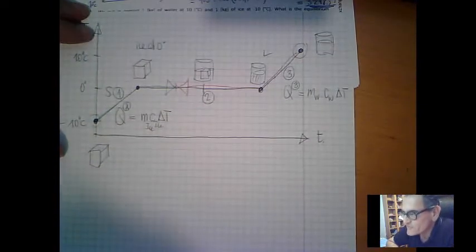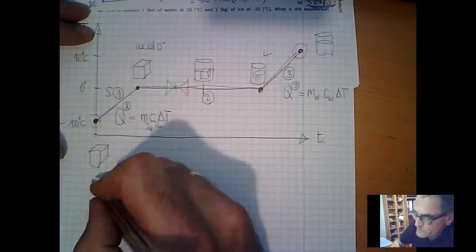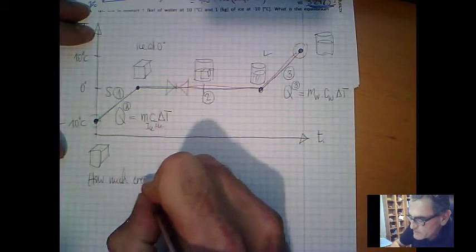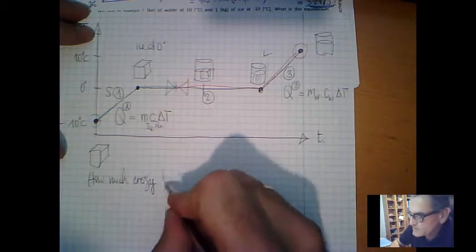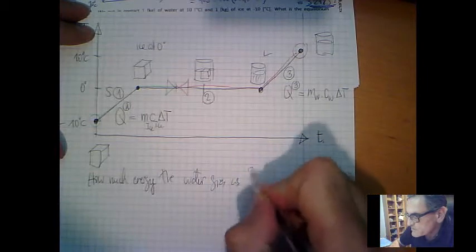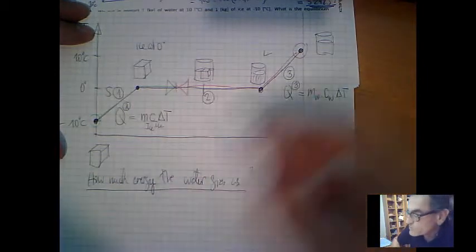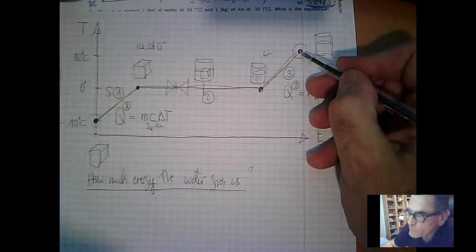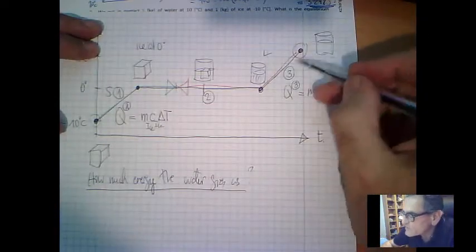Okay. Good. Okay. So now let's compute how much energy the water gives us. Okay? Well, we know the energy which we get from the warm water, well, warm, it's 10 degrees, but it's still warmer than the ice.